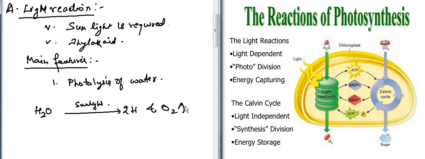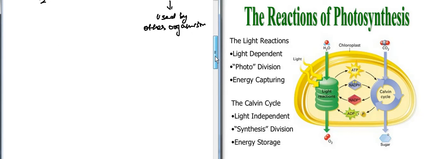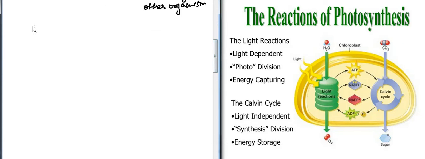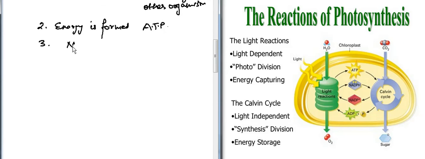This oxygen will be used by other organisms, which is expelled out. The second main part that happens here is that energy will be formed, that is ATP, and the third main thing that will happen here is that NADPH is formed.